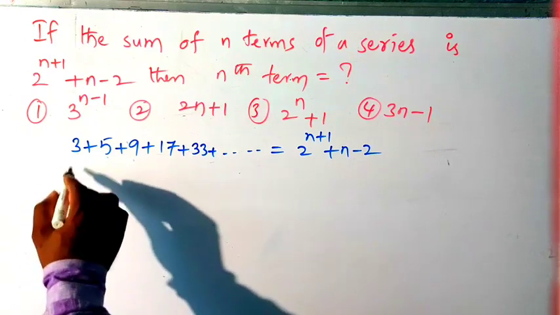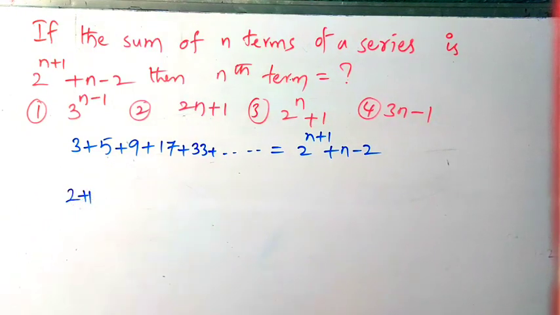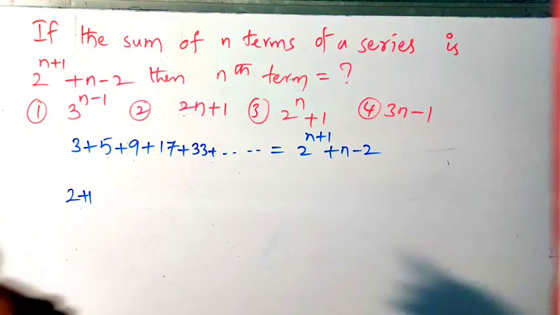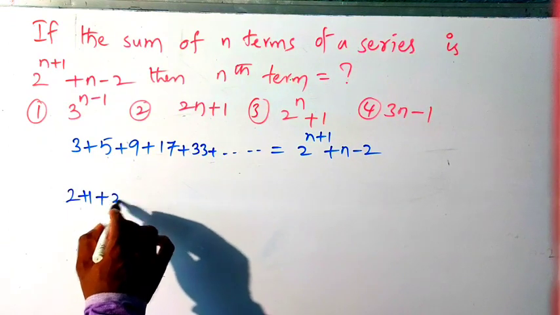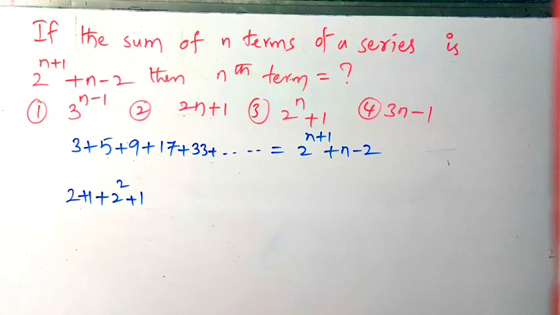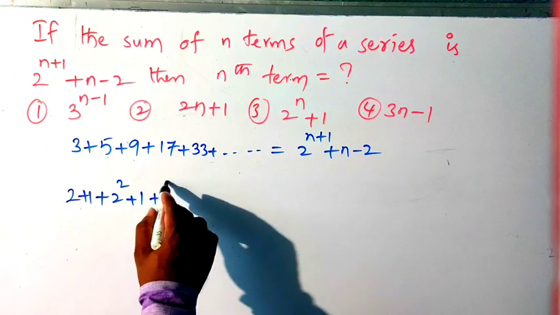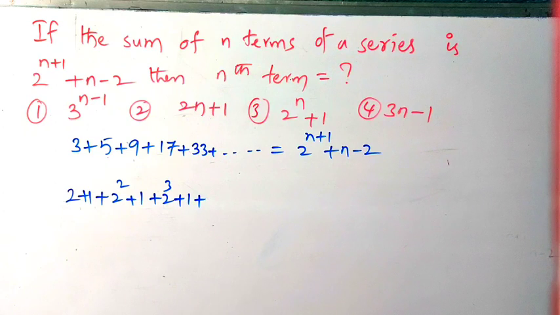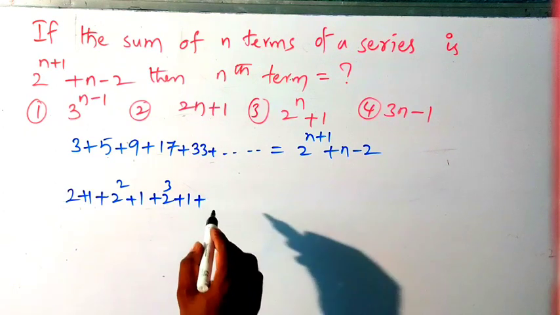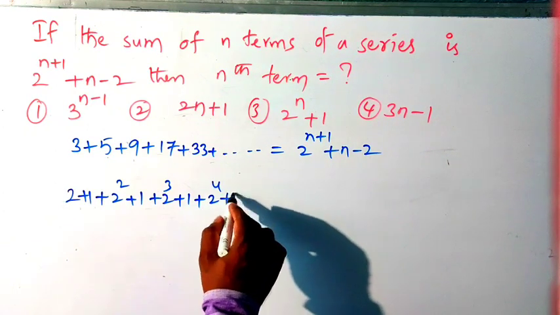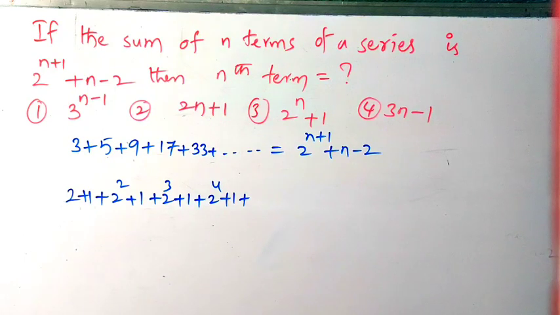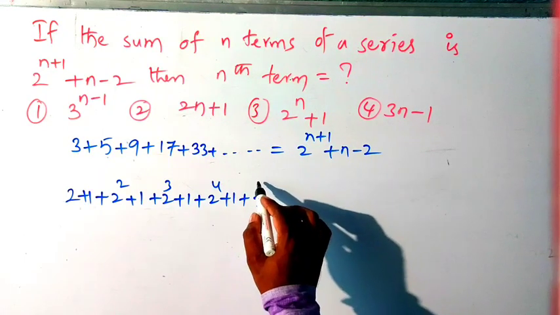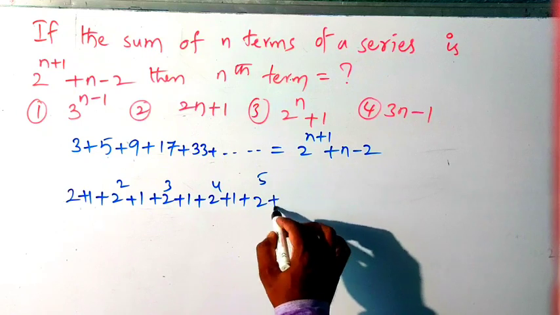So 3 can also be written as 2 plus 1, and 5 can be written as 2 square plus 1. 9 can be written as 2 cube plus 1, and 17 as 2 power of 4 plus 1. 33 can be written as 2 power of 5 plus 1.